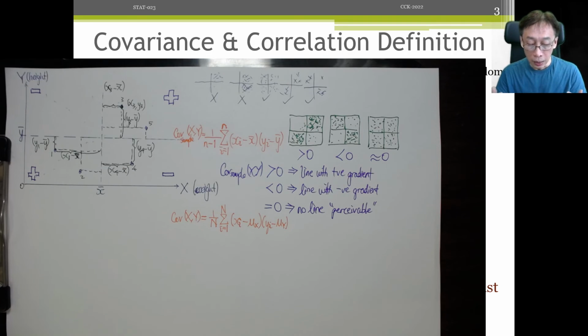So that is the summary. And this summary has the meaning that if it's a very large positive number, then it is aligned with positive gradient. If it is a very large negative number, then it is aligned with negative gradient, tilted the other way. And if it's close to zero, then we are of the conclusion that there is no line perceivable.